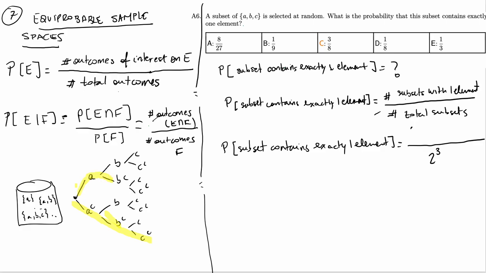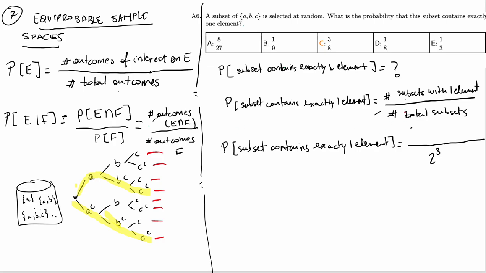This, for example, is the set of only A, so it's A and not B and not C in your set. In total you have 1, 2, 3, 4, 5, 6, 7, 8 different subsets, which is the denominator. Even if you don't remember the formula, 2 to the power of the number of elements, you could go on the side, draw a little tree, and see how many subsets you have.